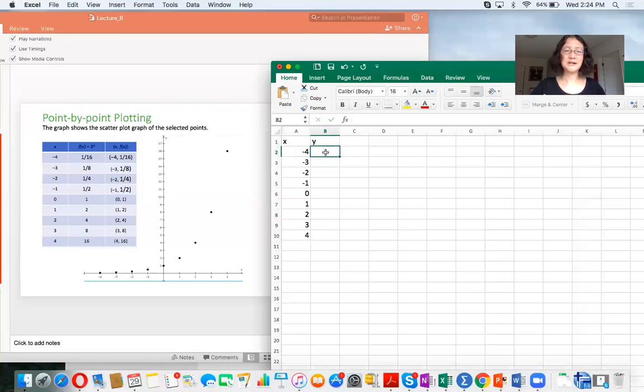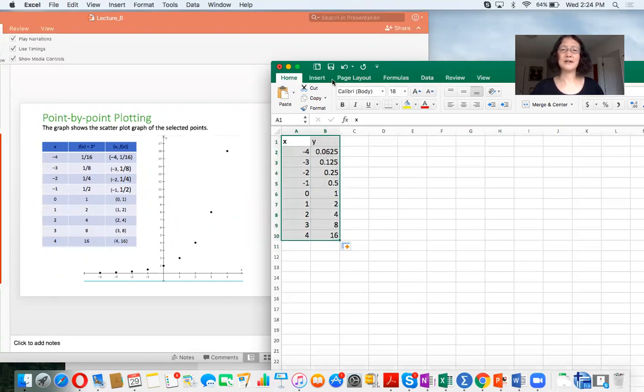And y equal to 2 raised to power of x. You use a cell reference, and then you copy down the formula. So those are your y, and then you create a chart.